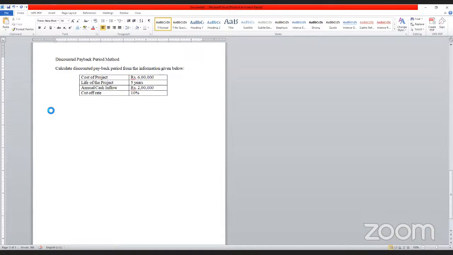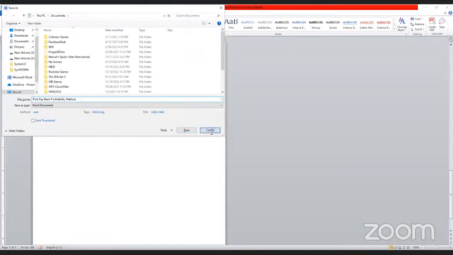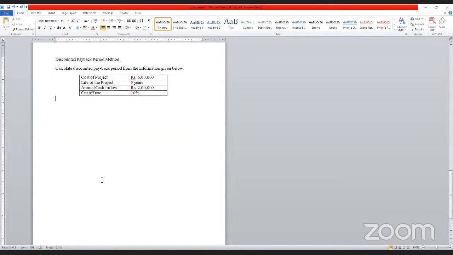Now we'll solve this problem. The solution can be done with the help of the discounting factor. We have the PV table, the discounting factor table, that you have to check.